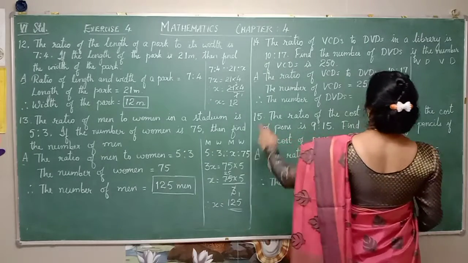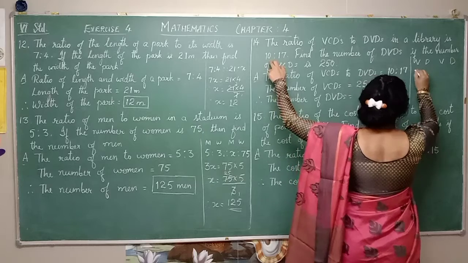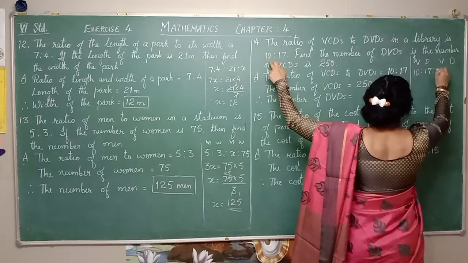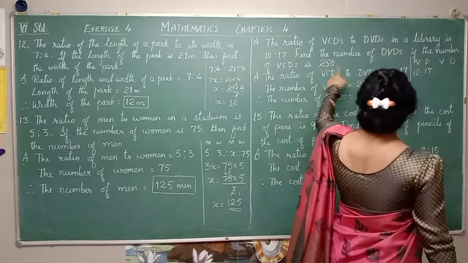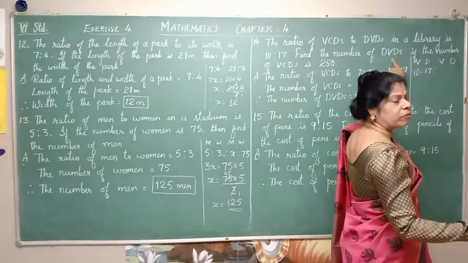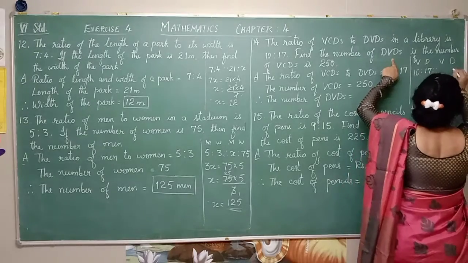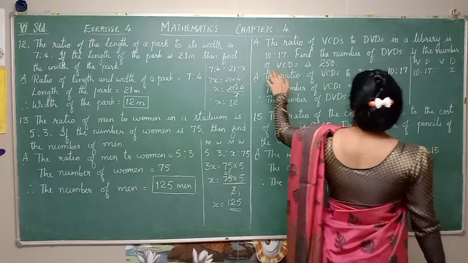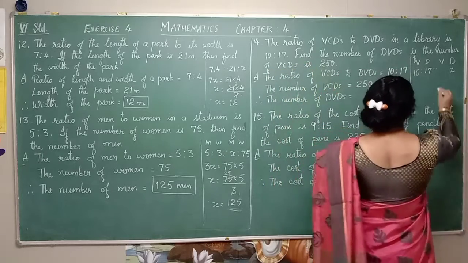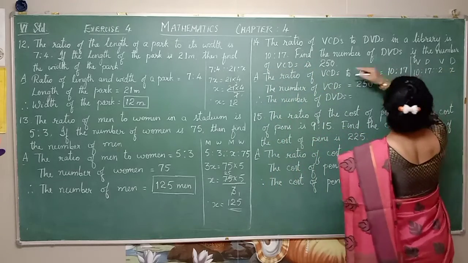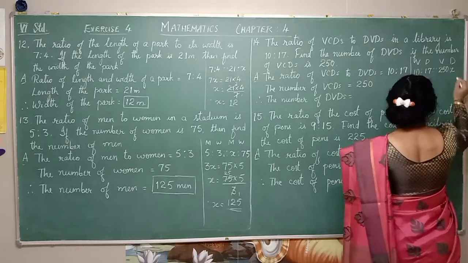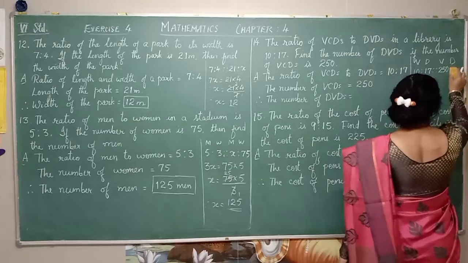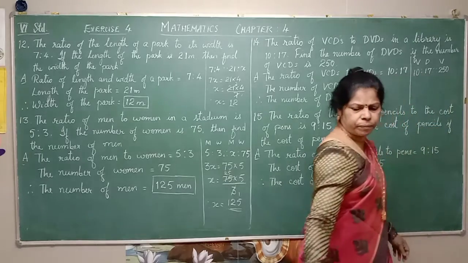So VCDs to DVDs is 10 is to 17. To find the number of DVDs, you do not know it, so put X in the place of DVDs. And the number of VCDs is 250, so in the place of VCDs you put 250.